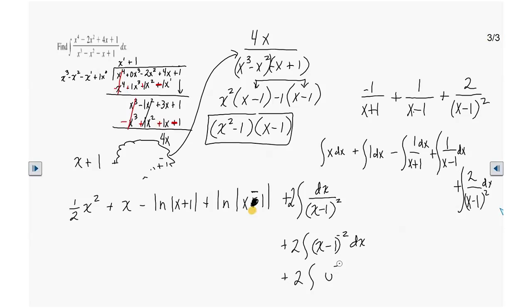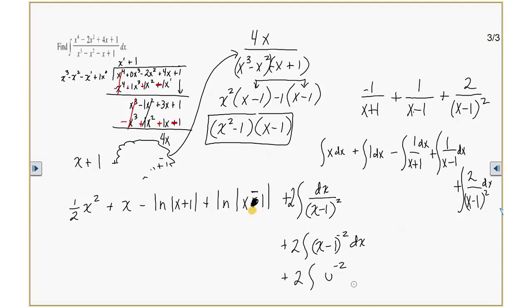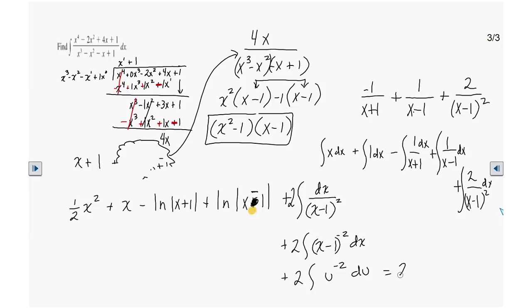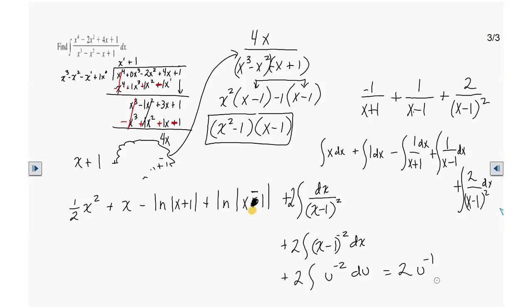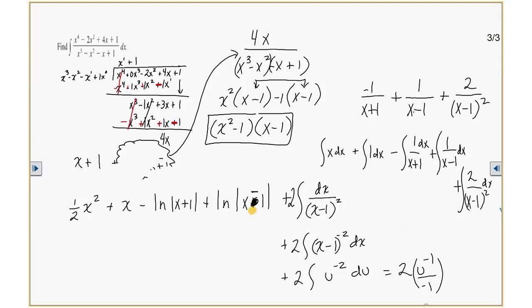That's u to the negative 2 du, which is equal to, that would be u to the negative 1, right? u to the negative 1 over what? Negative 1. Bring that down. That negative 1 is not going to change anything.